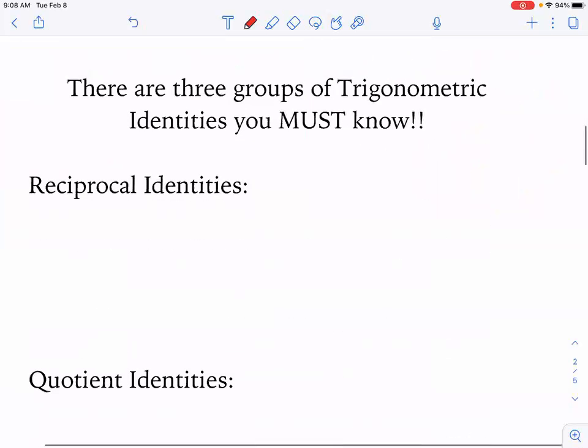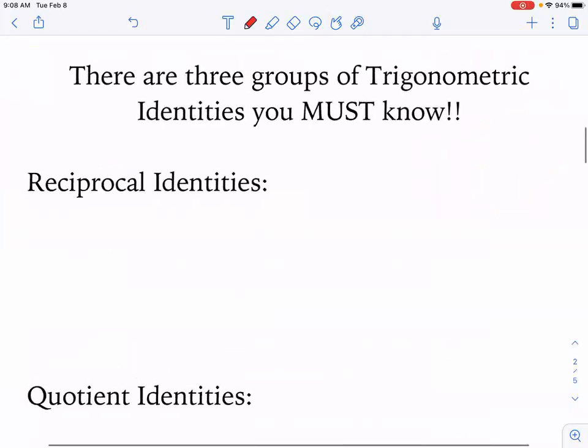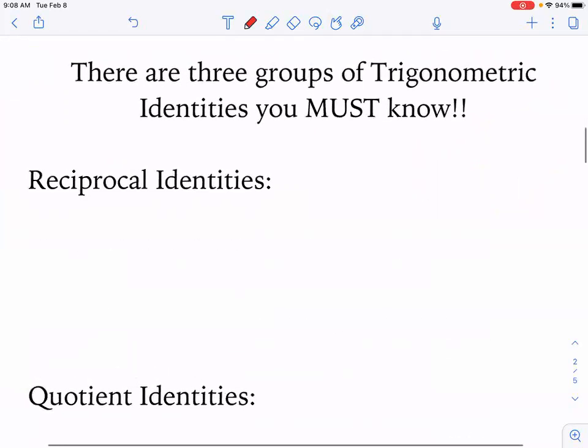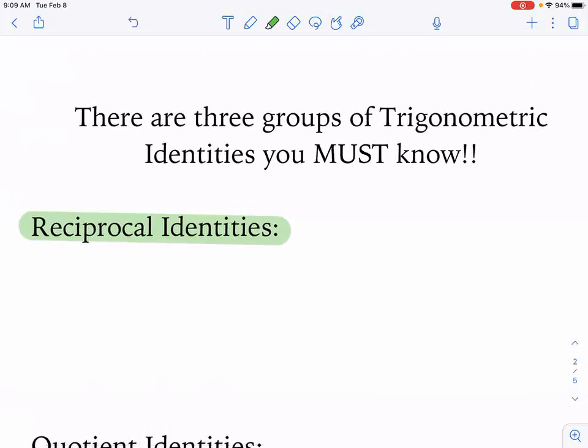Okay, so we are going to start with the reciprocal identities. Ooh, there's a buzzword. Reciprocal. Sort of harped on you about reciprocals, right?